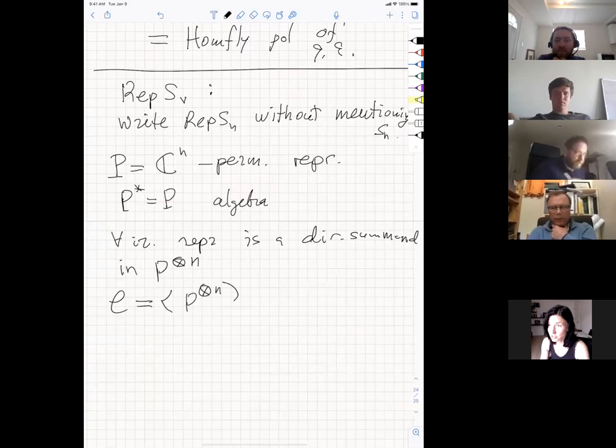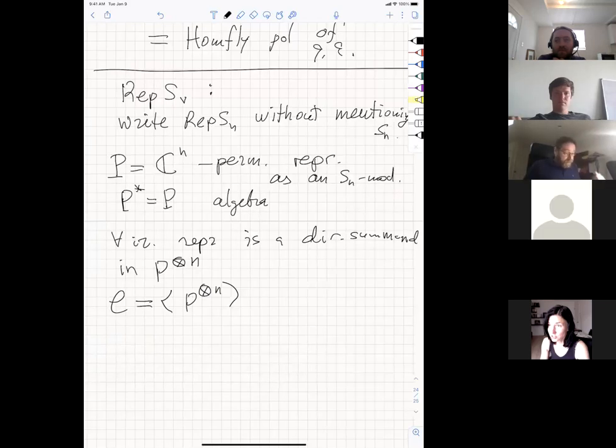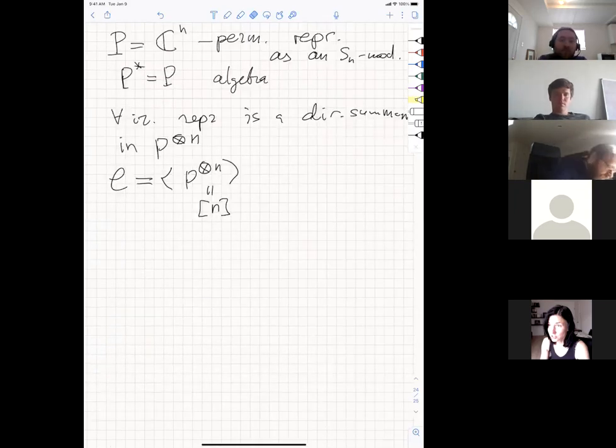Pasha, but by self-duality, you mean as an S_n module? Yes, as an S_n module. So I can look at the representations P^⊗n. I will call this representation n. So now it has a unique index n. And then I can look at Hom from k to P^⊗n for large n.